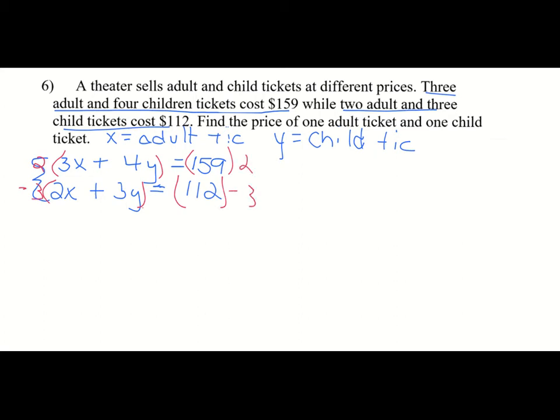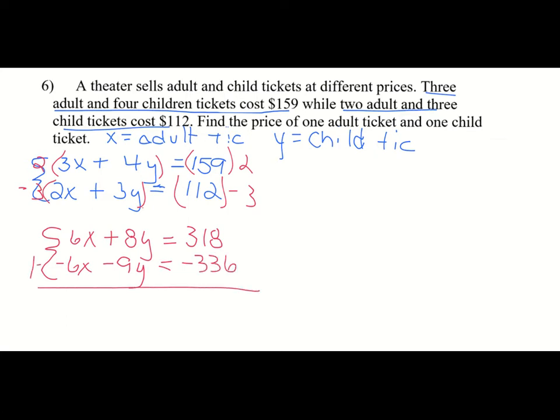So my new equation will be 6x plus 8y equals 318. And then we'll have -6x minus 9y equals -336.